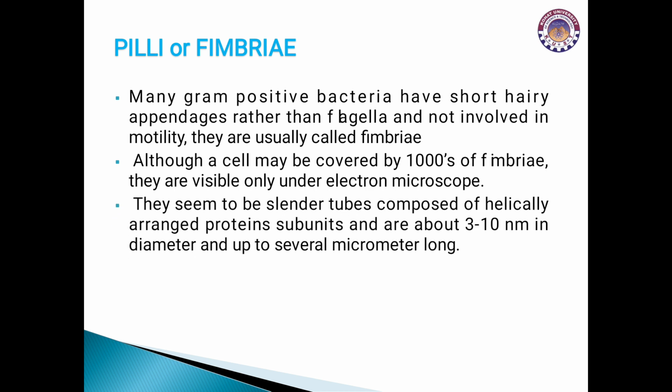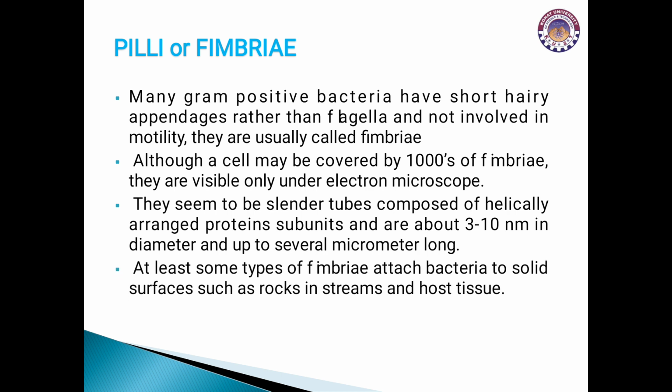They seem to be slender, helically arranged protein subunits, about 3 to 10 nanometer in diameter and up to several micrometer long. At least some types of fimbriae attach bacteria to solid surfaces such as rocks in streams and host tissue.